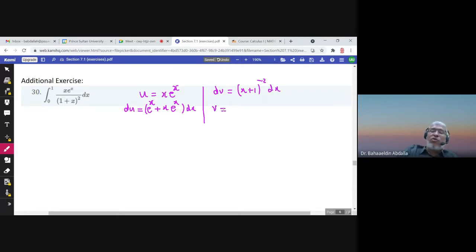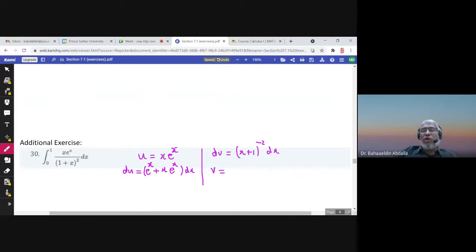And what would be the integral? Well, remember that the integral of x to the power n dx is x to the power n plus 1 over n plus 1 plus c. What if the question is the integral of (ax plus b) to the power n?